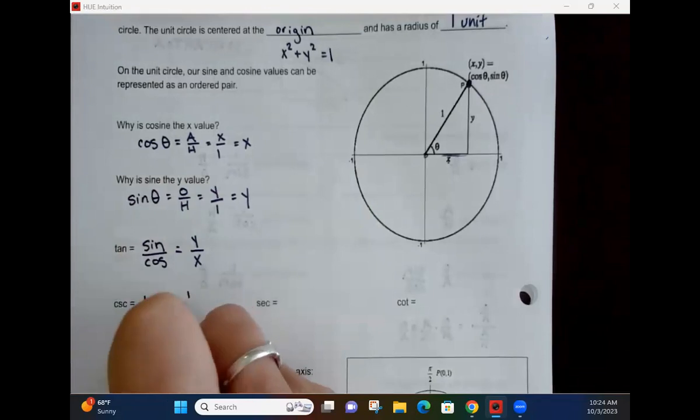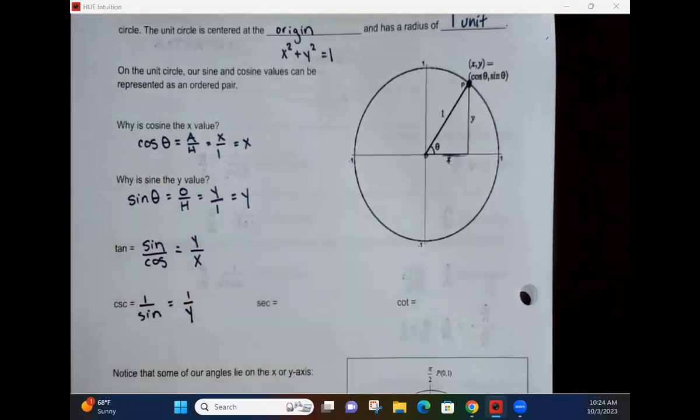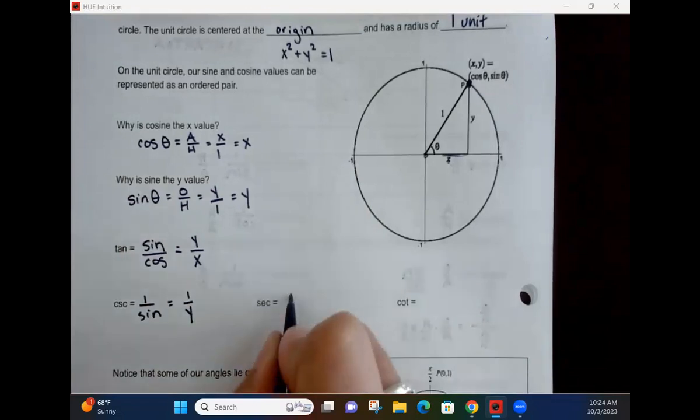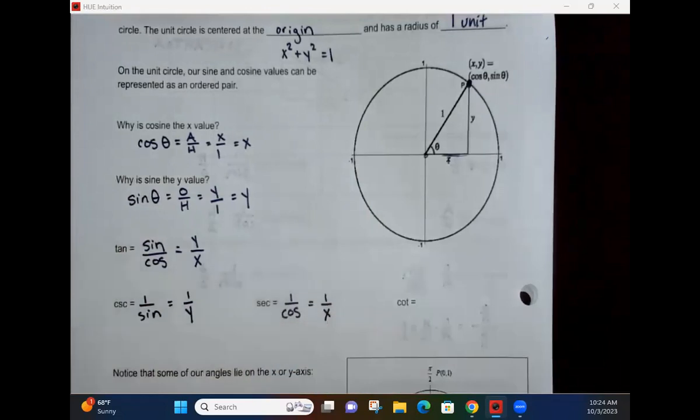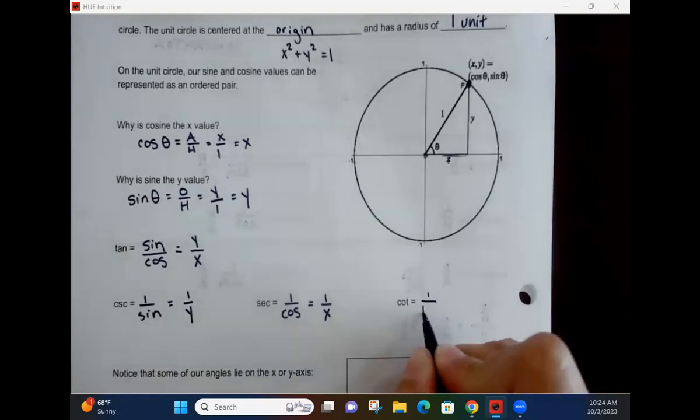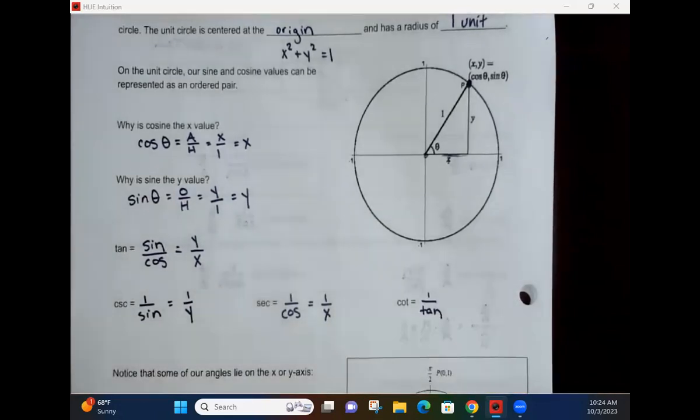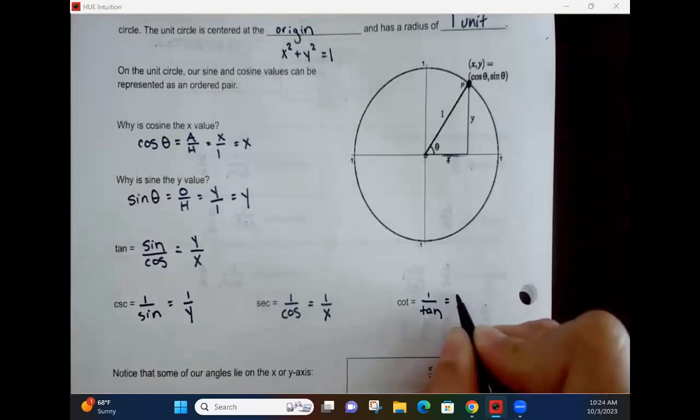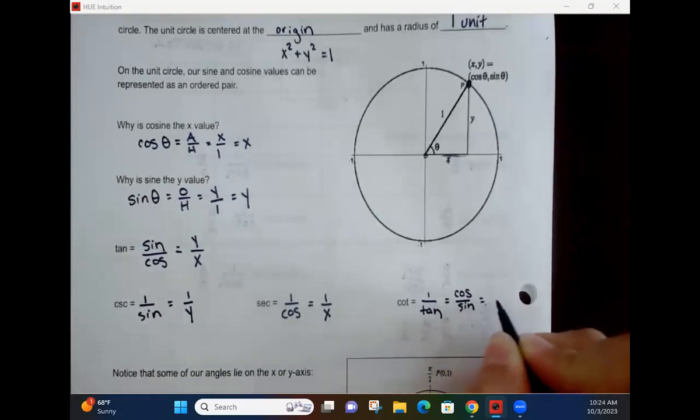So we would be looking at the reciprocal of the y coordinate. Secant is the reciprocal of cosine. So we would be looking at the reciprocal of the x coordinate. And cotangent is the reciprocal of tangent. So this would be cosine over sine, which would be x over y.